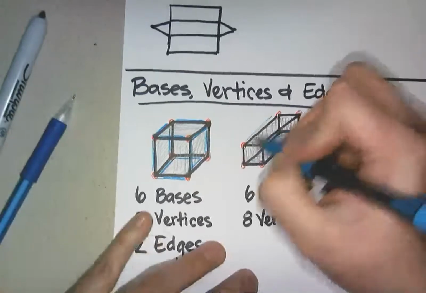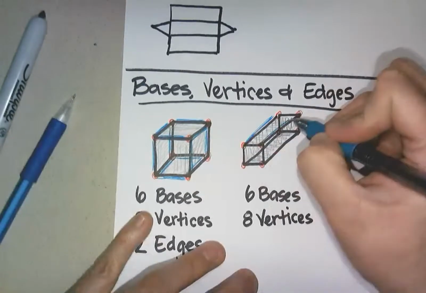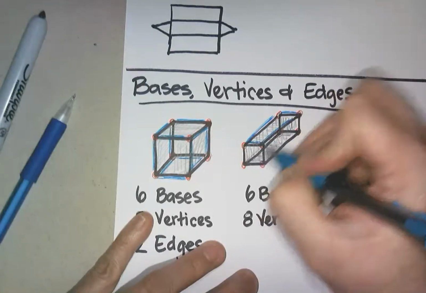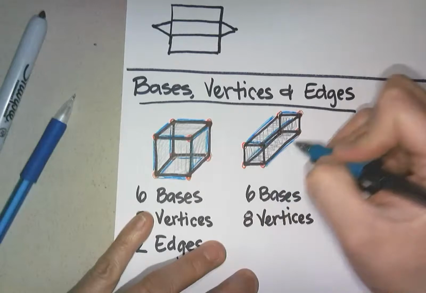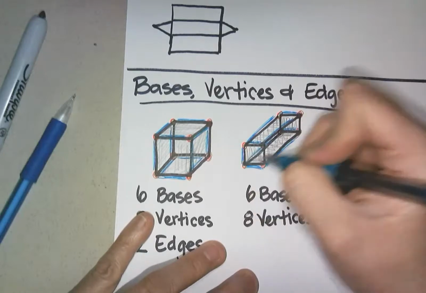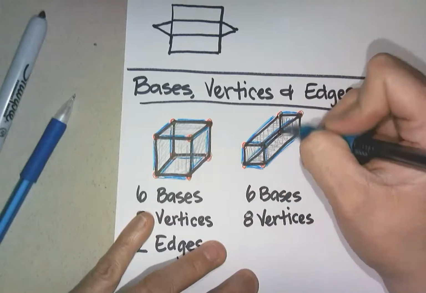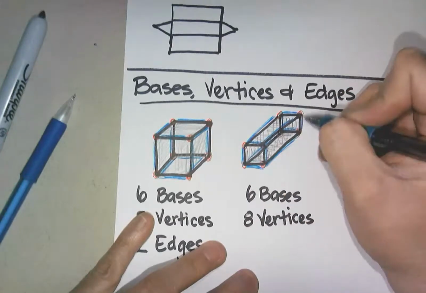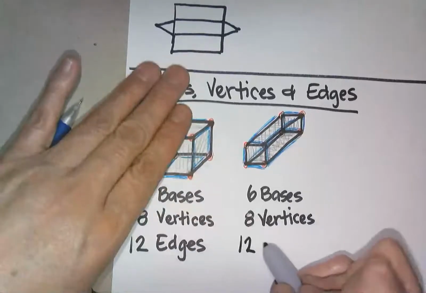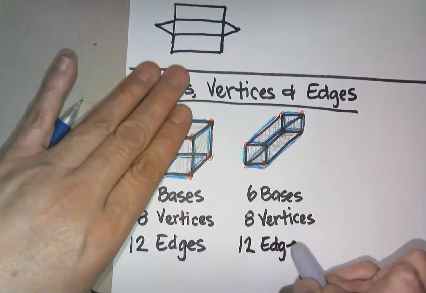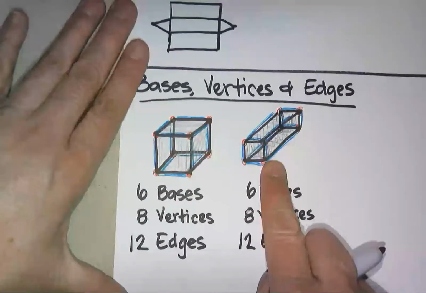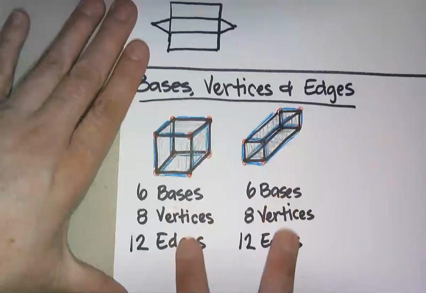Okay, you have 1 here, you got 2 here, 3 here, and 4. 5 here, 6 here, 7, 8, 9, 10, 11, so 12 edges. I hope you guys can remember that. Both the cube and the rectangular prism have the same amount of bases, vertices, and edges.